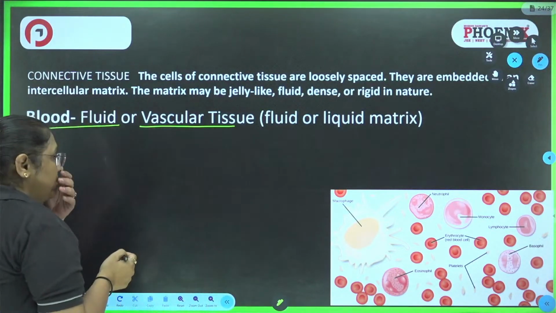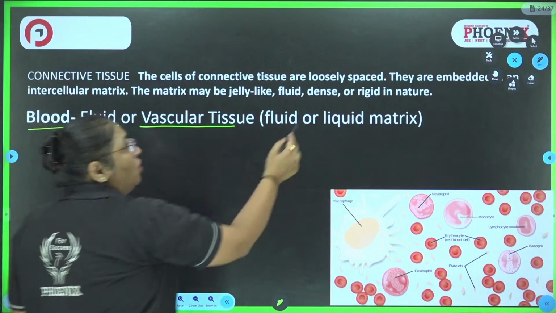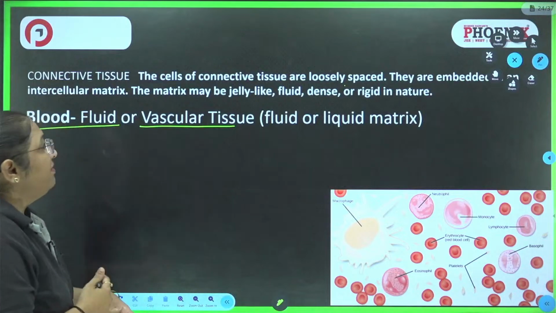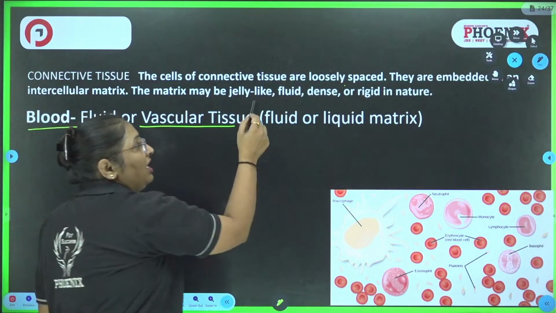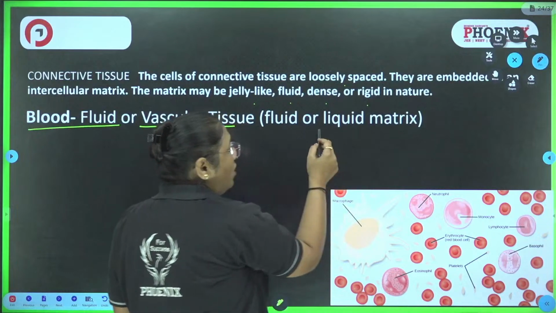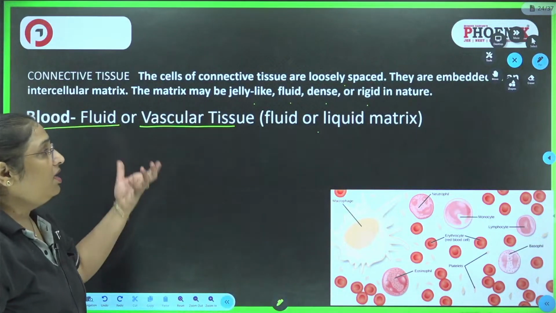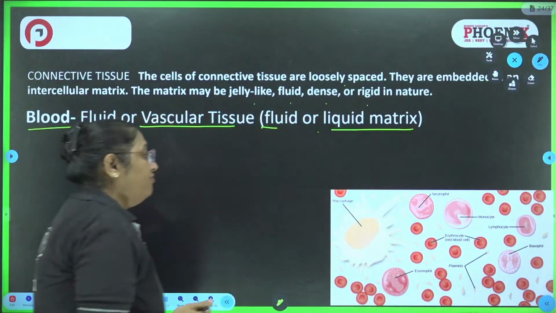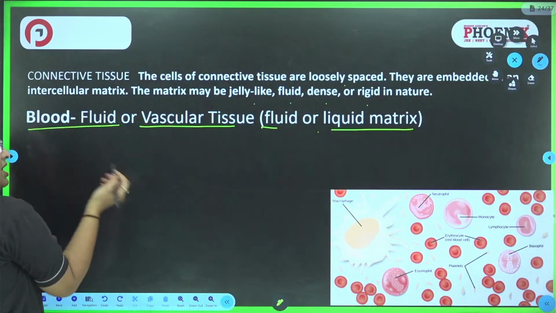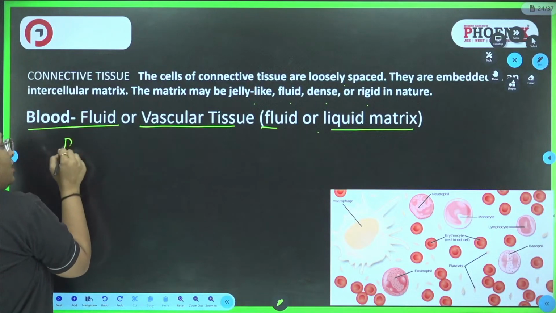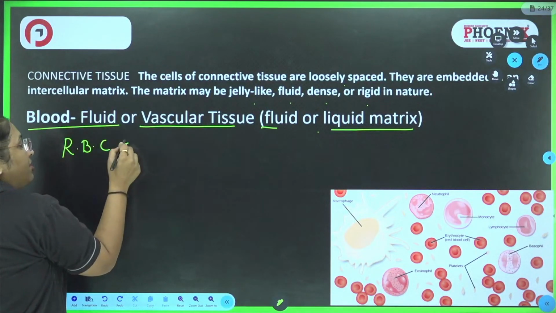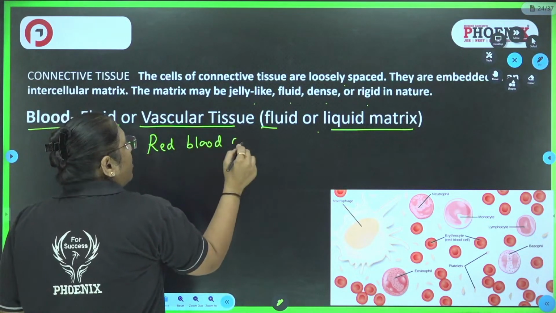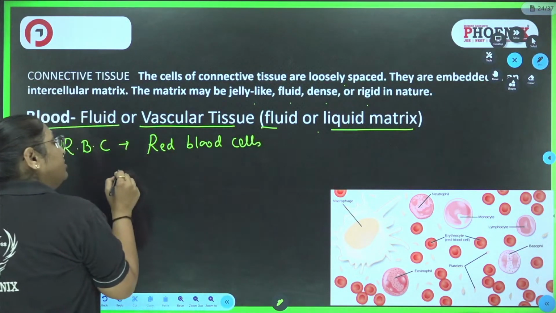Next is the connective tissue. Connective tissue cells are loosely spaced. They are embedded in an intercellular matrix, and the matrix may be jelly-like, fluid, dense or rigid. Now we are studying about blood, whose matrix is fluid or liquid. Blood has different components, that is RBC, red blood cells.